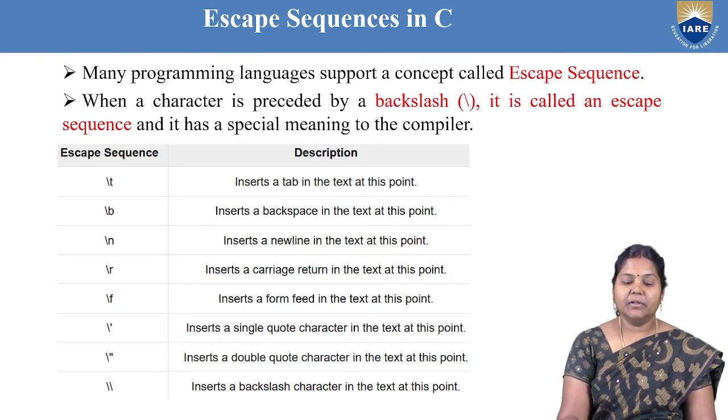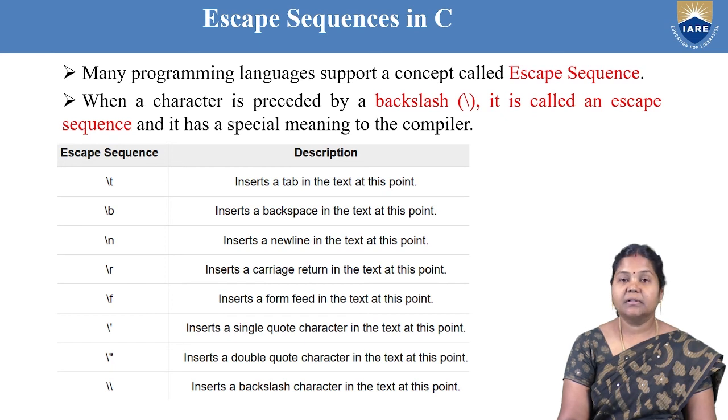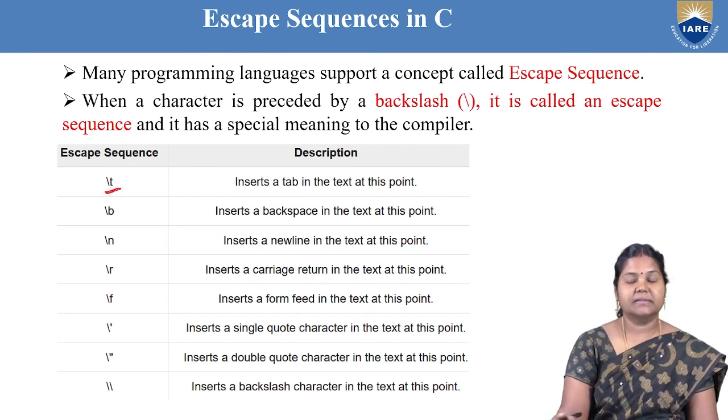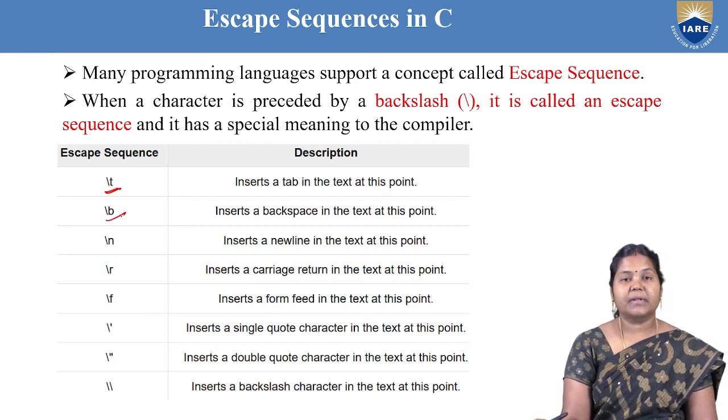Now coming to the escape sequences in C language, many programming languages support the escape sequence concept. When a character is preceded by a backslash, it is called an escape sequence and it has a special meaning to the compiler. In C language, whenever you want to provide tab space, backslash t inserts a tab in the text at that particular point. Similarly, backslash b inserts a backspace.